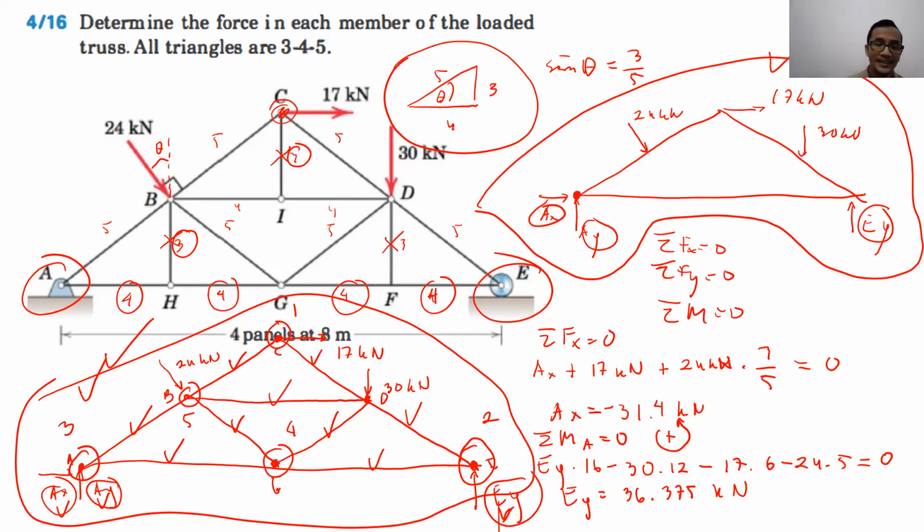But if you take a look at the whole free body diagram like this one, we can solve for 3 unknowns because we have sigma moment there. But when we solve for the joint, we can only use sigma Fx and sigma Fy equals 0. That's why we can only solve for 2 unknowns. Okay. In this case, any question here?